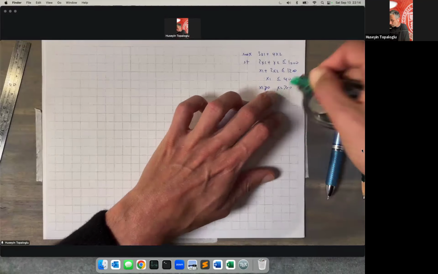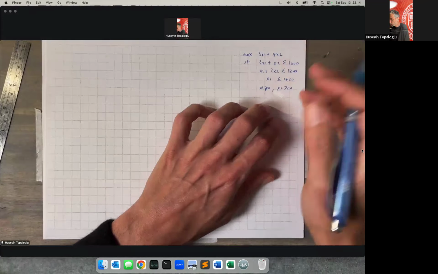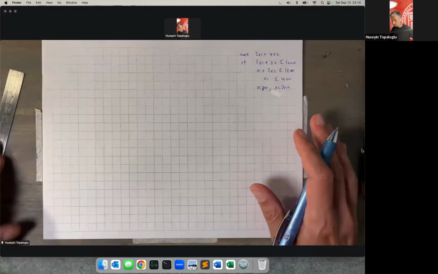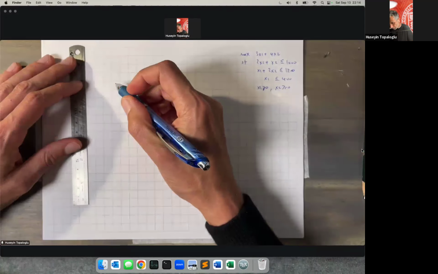Let's plot the set of feasible solutions for this linear program, and let's see what solutions our algorithm visited during the course of its iterations. Let's plot the set of feasible solutions to this linear program.